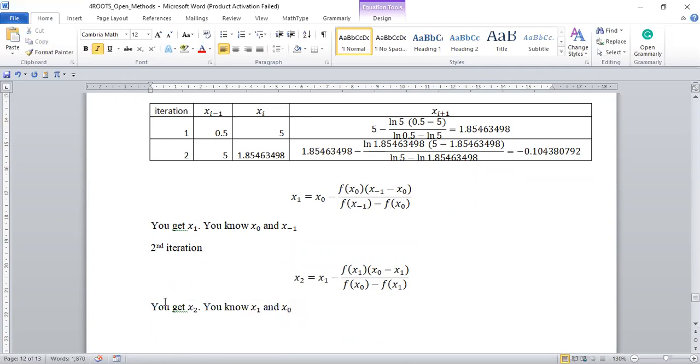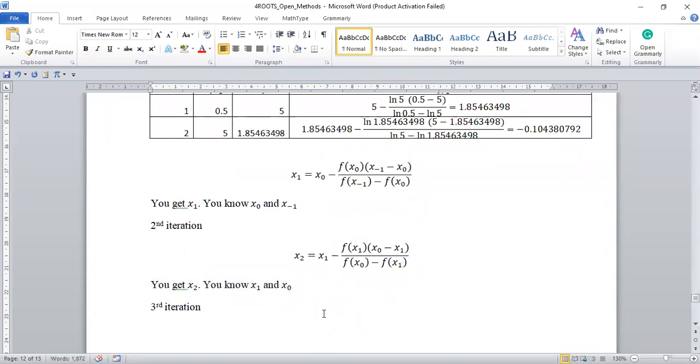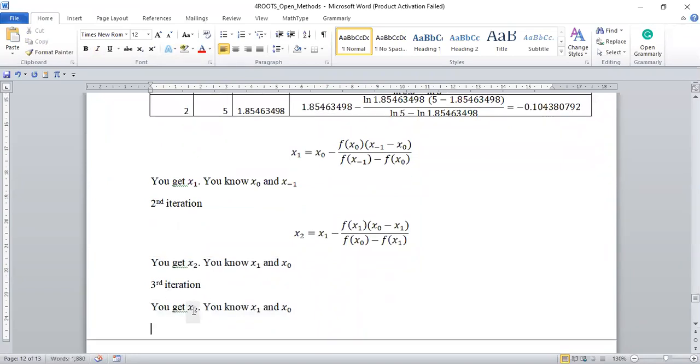Then for the third iteration, you get x3, then you know x2 and x1. So this is the secant method.